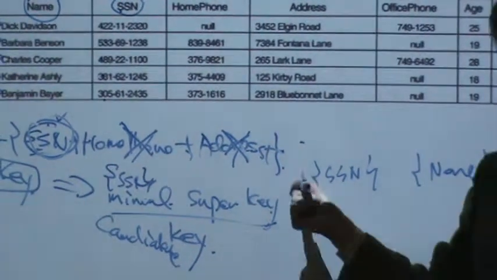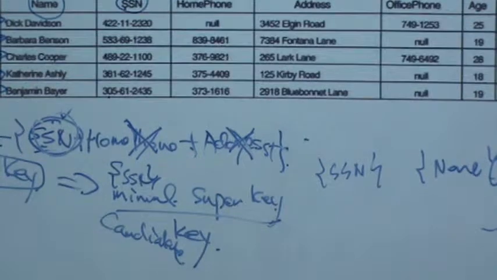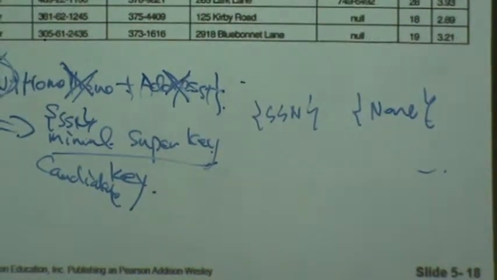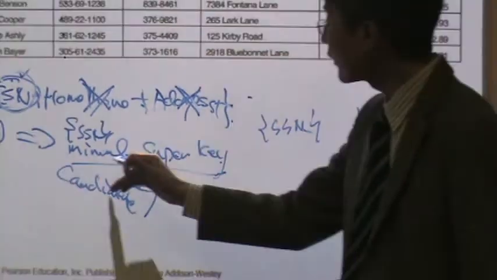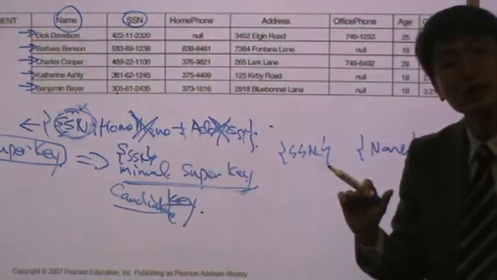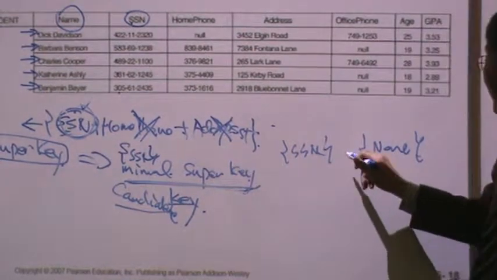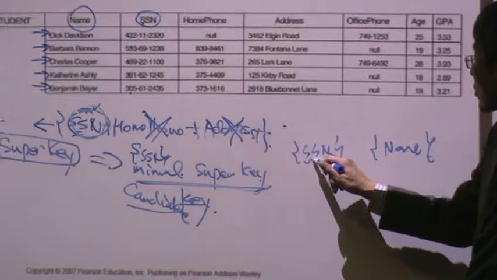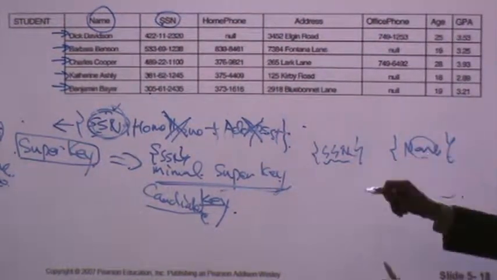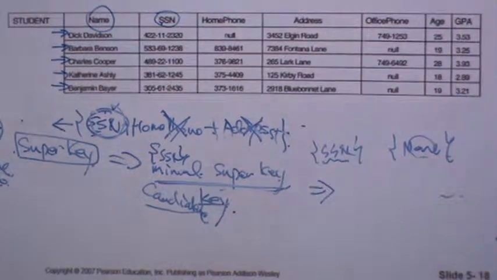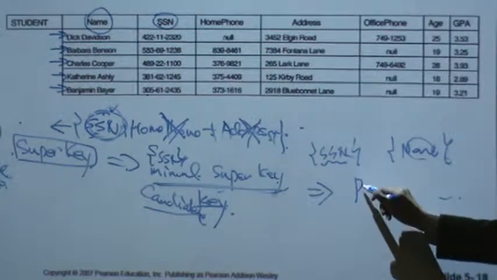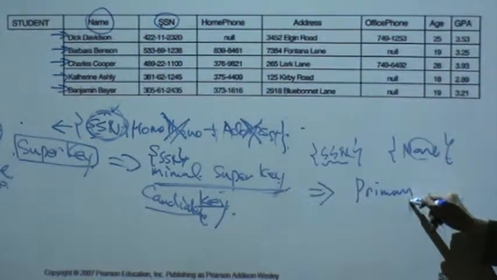We can find two or more candidate keys. That minimal super key is called the key or candidate key. In this case, we have the social security number as a candidate key and the name as a candidate key. Finally, we will decide one of them as the primary key.